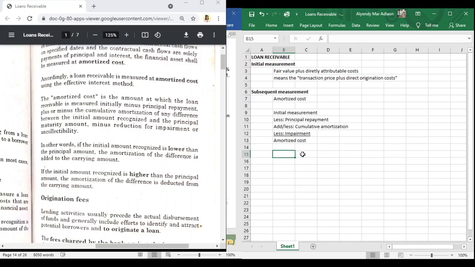So we have two rules. So if the initial amount, or should we say the initial measurement, I'm just gonna put initial amount is lower than the principal amount. Okay, so ma'am, is that different?